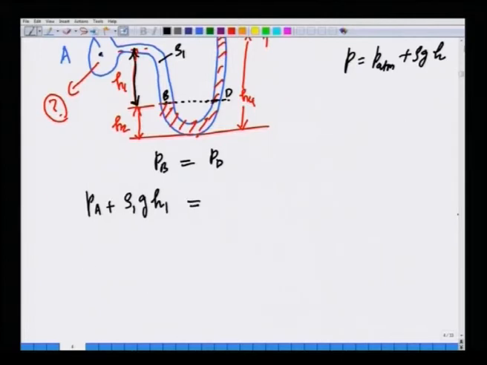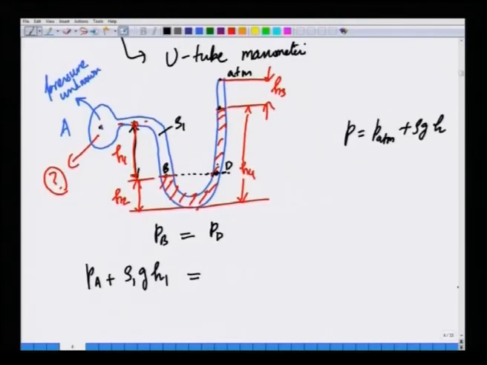Now, P D, the pressure at this point D, is given by the pressure at this point, which is approximately atmospheric pressure, plus rho manometric liquid, let us call it rho m. So, the density of the manometric liquid is rho m g. Okay. This total height is h 4, and this is h 2.